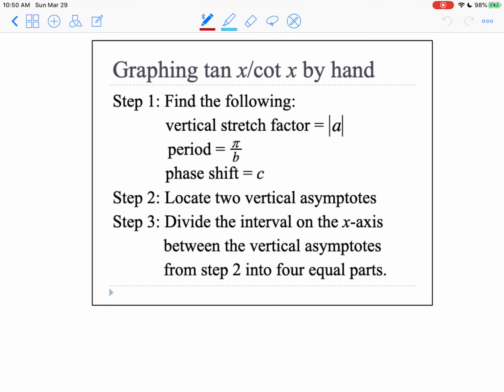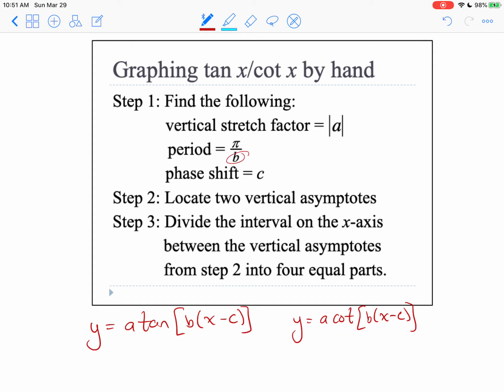And when we talk about the a value, for tangent, it'd be y equals a tangent of b times x minus c. For cotangent, it's y equals a cotangent of b times x minus c. And that's what the b and the c are all about, the a, b, and c.